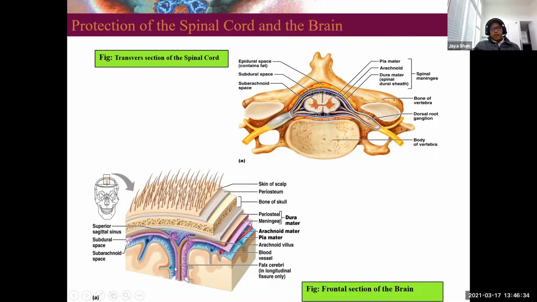And this is the subarachnoid space. Inside the subarachnoid space, you see there are a lot of blood vessels. This space contains a fluid called cerebrospinal fluid. So these are the protections of the brain and spinal cord.